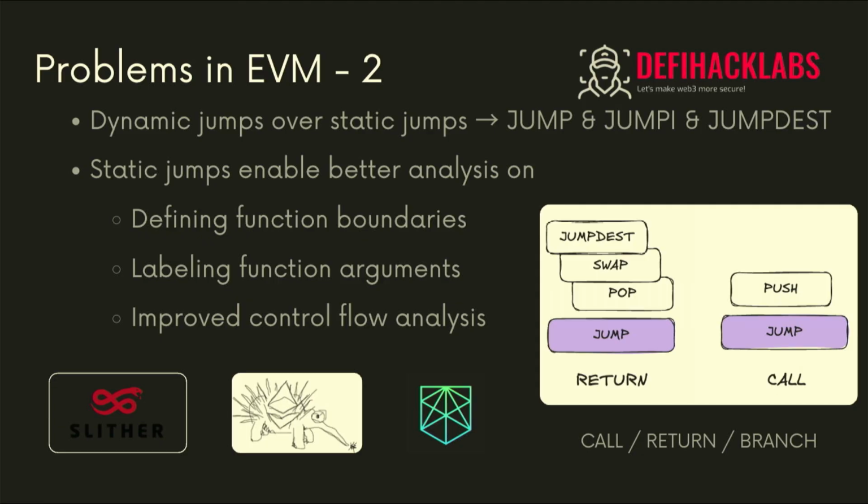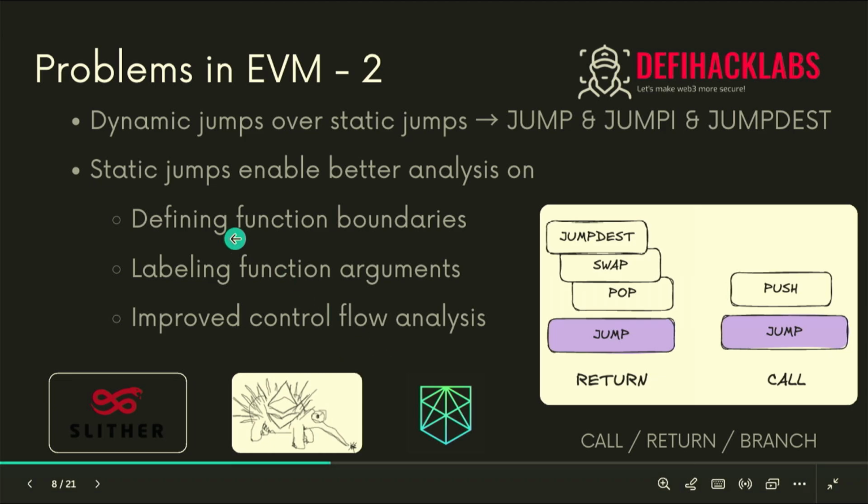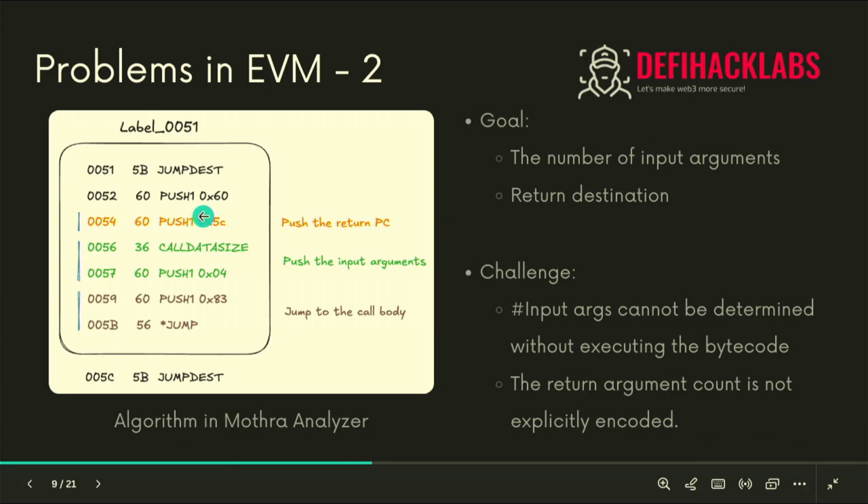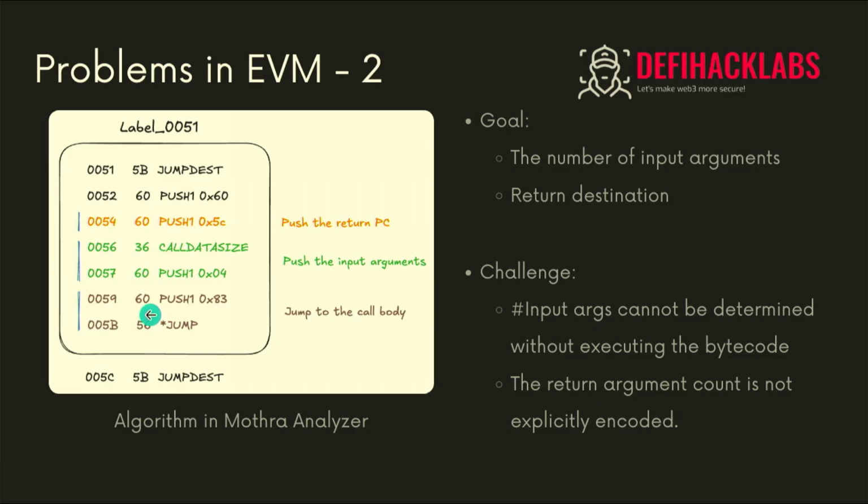In legacy EVM, if you want to define the function boundary, you need to detect two patterns. One pattern is the call pattern, and the other one is the return pattern. Here we could take the call pattern, for example. If we want to identify a call pattern, it would be a PUSH and a JUMP operation. So this is a simple example. This is an internal function call.